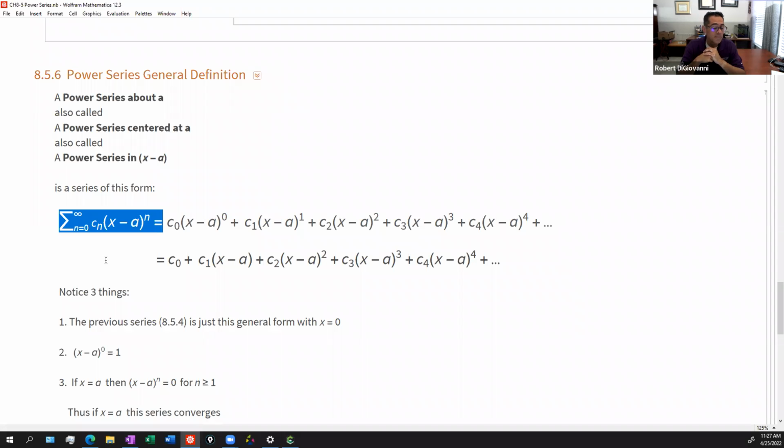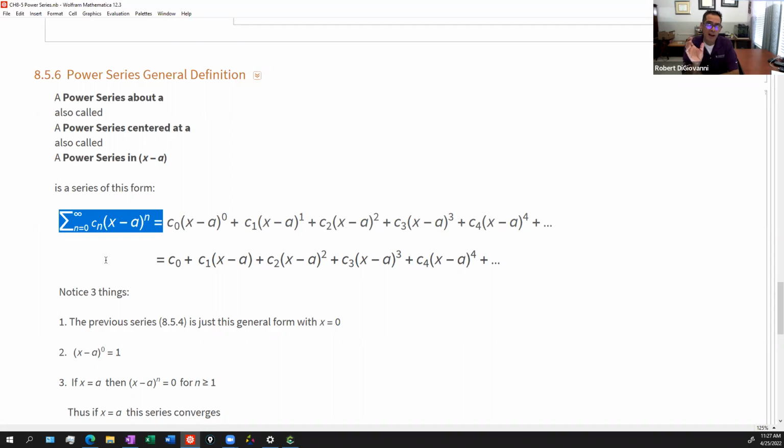Now think back to college algebra. When you subtract or add a number inside of a function, what does that do to it visually? It moves it left or right, correct?